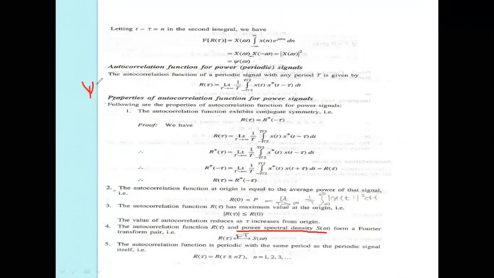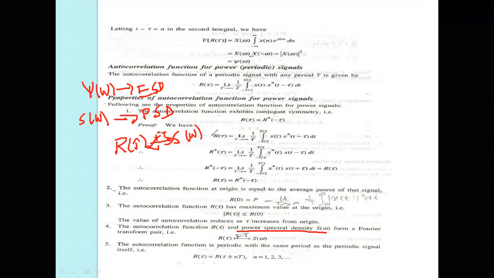Psi of omega is the energy spectral density, and S of omega is the power spectral density. So here also the autocorrelation function is a Fourier transform pair of the spectral density.